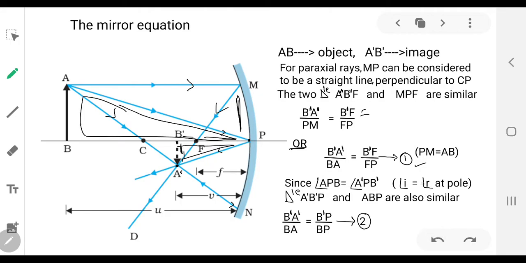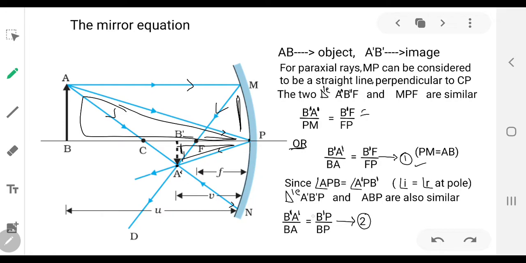So A'B'P and ABP are similar. If both triangles are similar, then the ratios of their sides are equal.